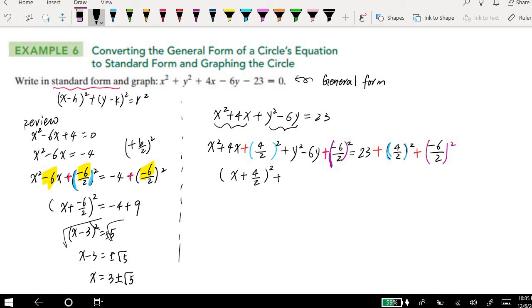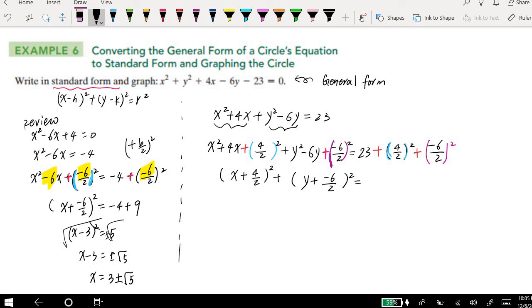And then here we have y squared minus 6y plus negative 6 over 2 squared. So I can rewrite this as y, plus what is inside the purple, which is negative 6 over 2, and then the whole thing squared.